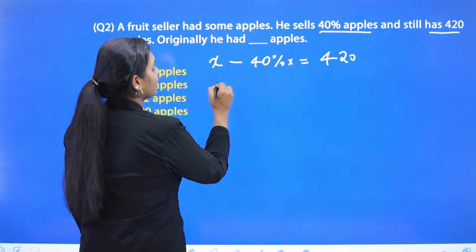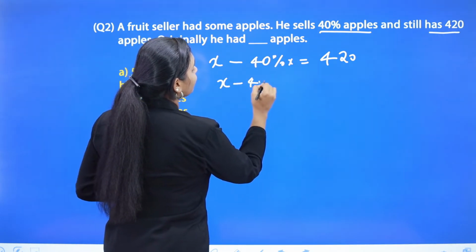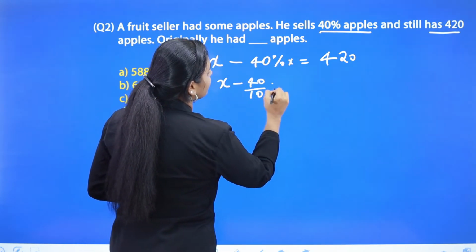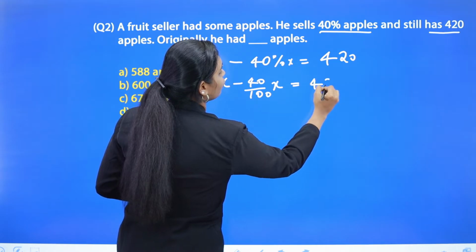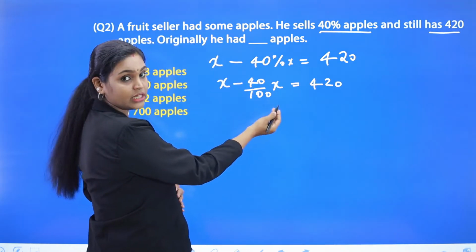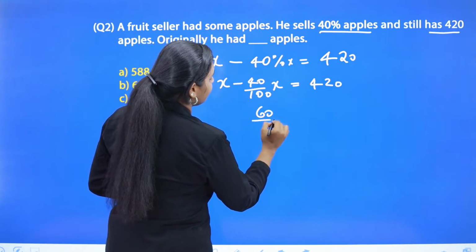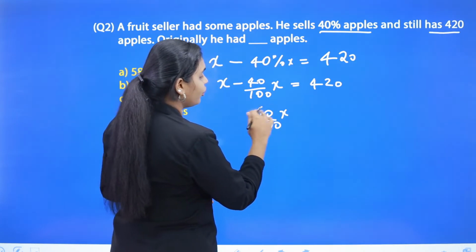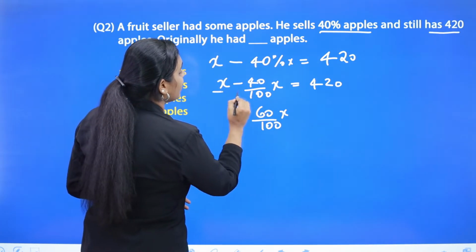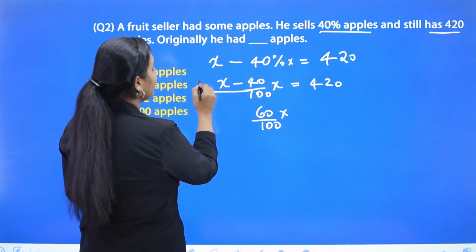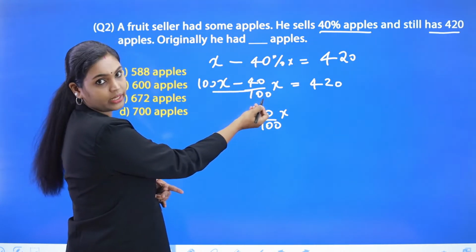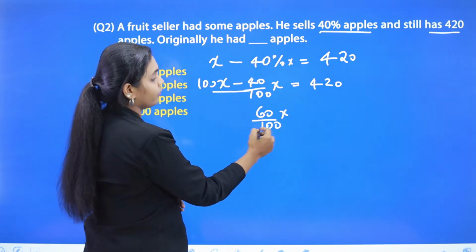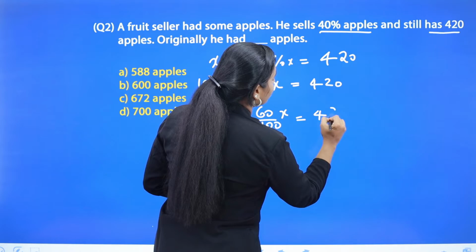Now what is this 40% of x? x minus 40 by 100 x is equal to 420. Now what will we get? x minus 40% means 60%, 60% x. So how do we get the 60%? We took 100 as the LCM here. So we'll get 100x minus 40x. That is what is called the 60% of x. It is equal to 420.